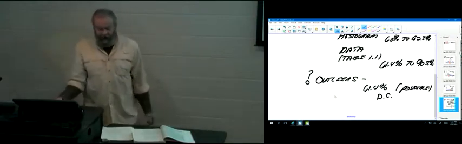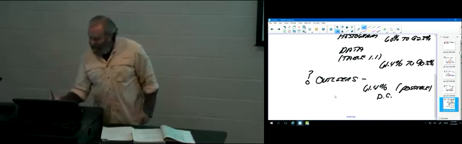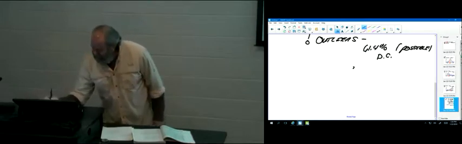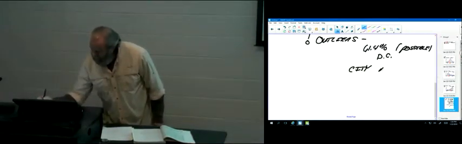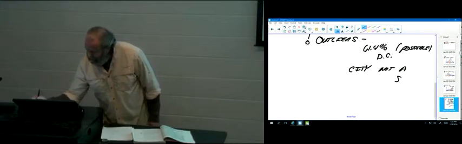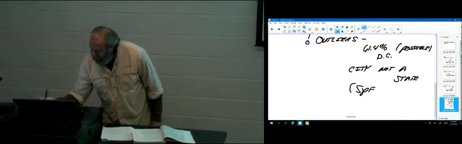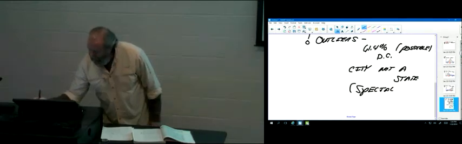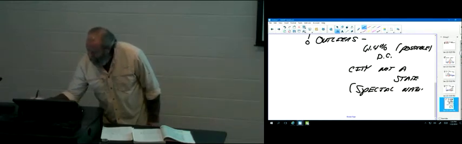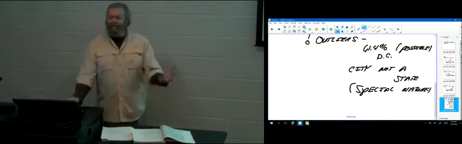Okay? So, my first thought is, yeah, District of Columbia, it probably is an outlier here. But remember, it's a city, not a state. In other words, there's something special about it. It's actually different than a state, right?